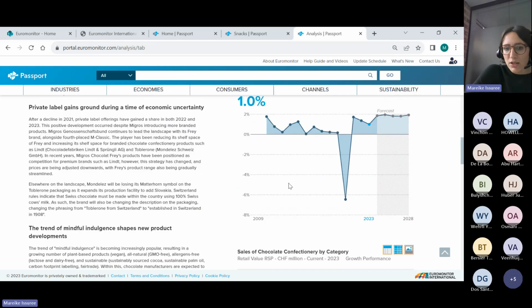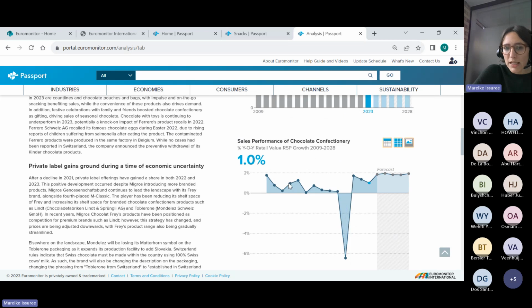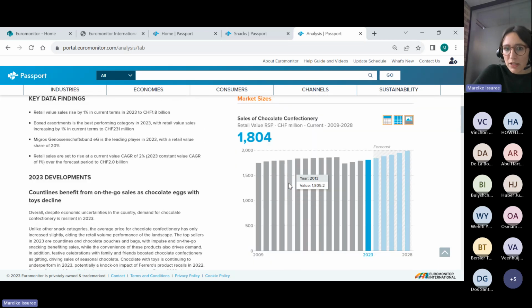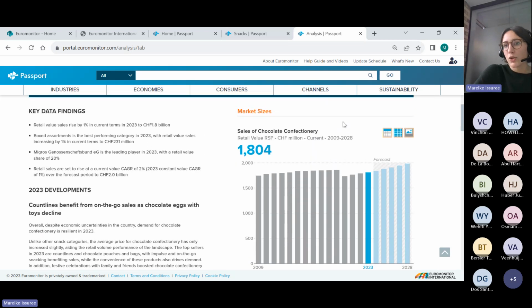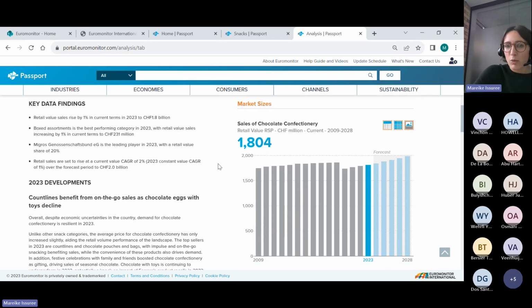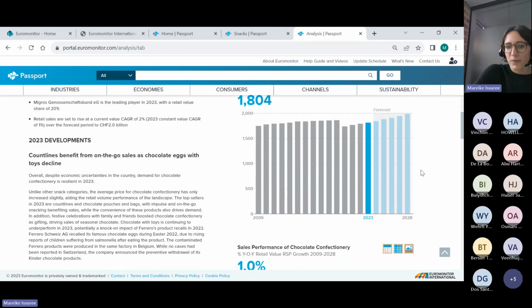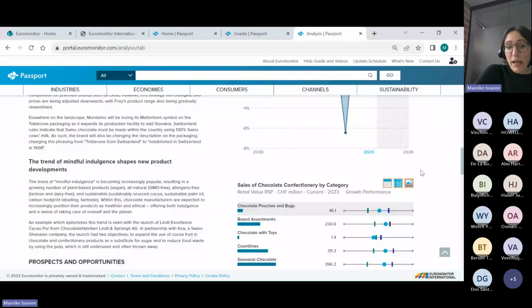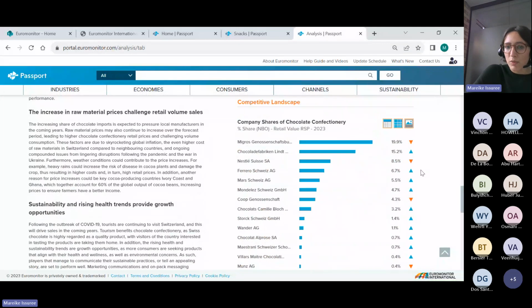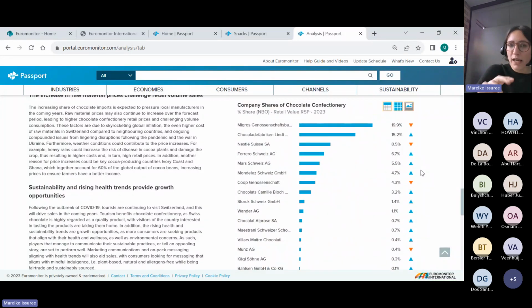On the right-hand side, you get other interesting visualizations. You're getting the data graphics, which you can also export into presentations. We earlier looked at the statistics on the sales of chocolate, but here you're getting the visualization of those sales, and you're also getting the company shares at the bottom in a really nice visual way.